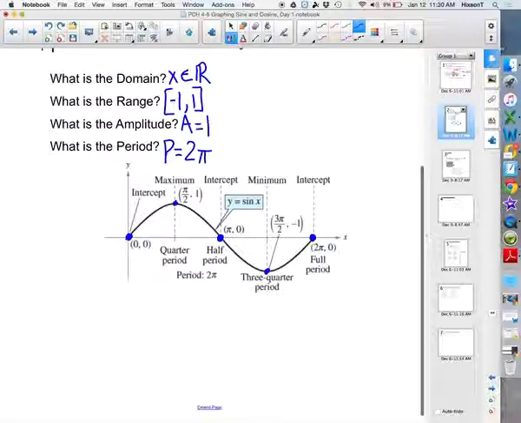So you find the start and end, find halfway between, and that's going to be another point on this midline. Then you can find halfway between in this first half to get this point, and then halfway between these to get that point. So when you go to sketch them, that's probably going to be the easiest way to do it.